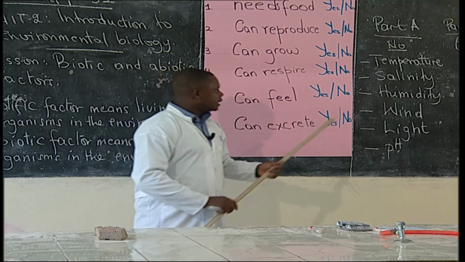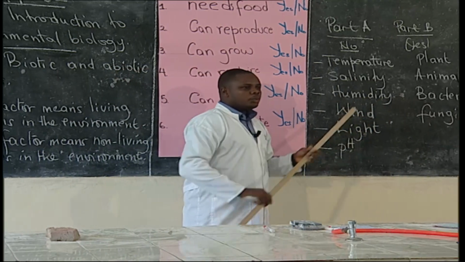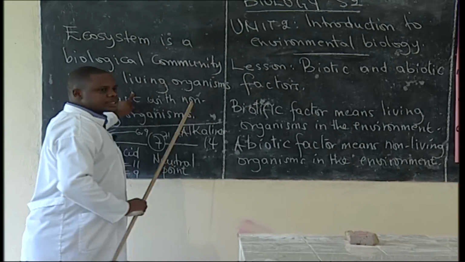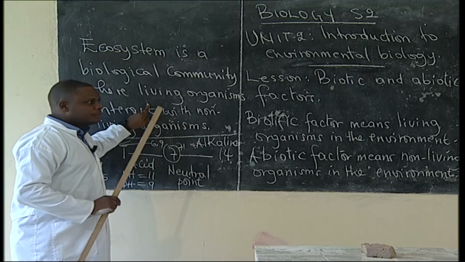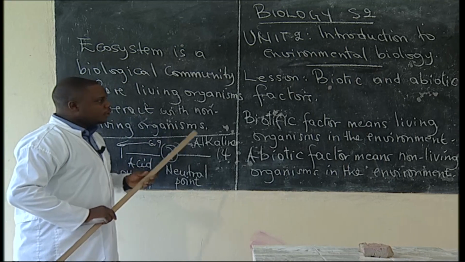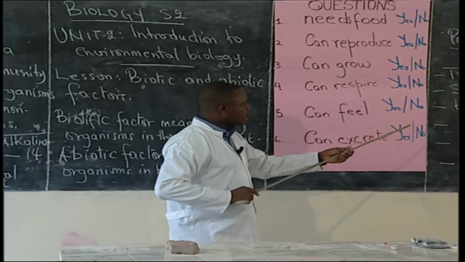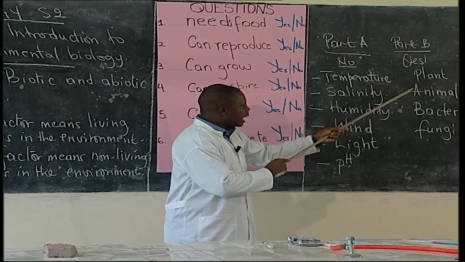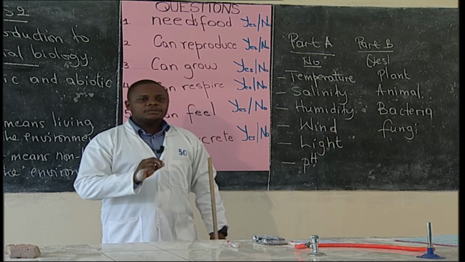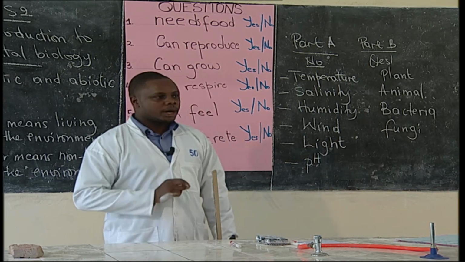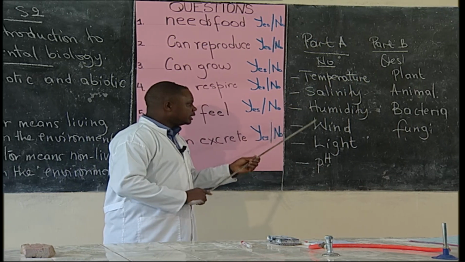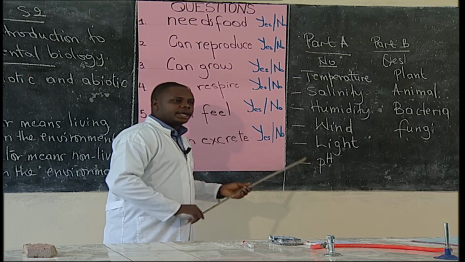Now, these are what we have talked about when we said that the ecosystem has got living and non-living organisms. The living organisms we were talking about are plants, animals, bacteria, and fungi. Non-living organisms we were talking about are temperature, salinity, humidity, wind, light, and pH.